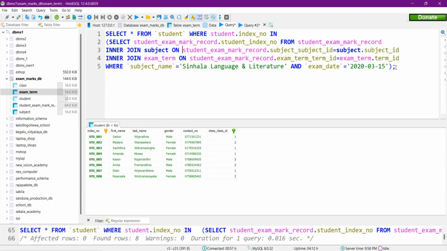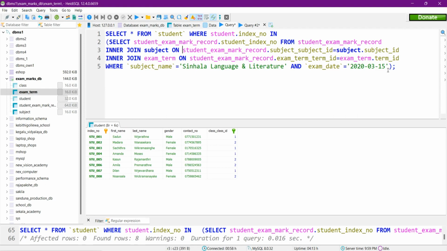Finally, we have given conditions using the where clause. The first condition is the subject name, which should be Sinhala language and literature, and the exam date should be 2020 March 15. If we give a condition, it's easy to identify the particular data. So this is the query related to the first question.